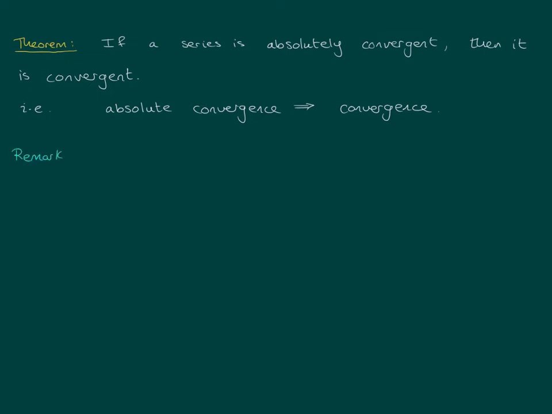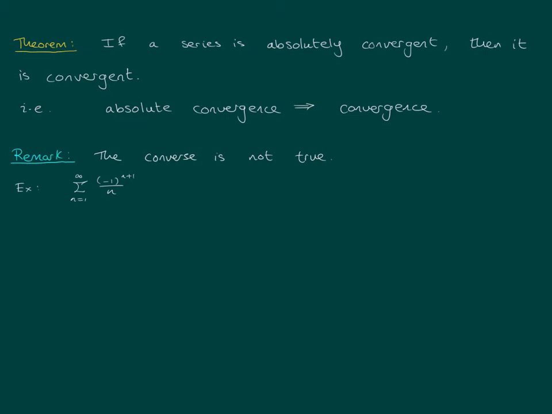Remark: the converse is not true. So convergence does not imply absolute convergence. Example, well, we've already seen an example. Sum n equals 1 to infinity of (-1)^(n+1) over n, the alternating harmonic series.